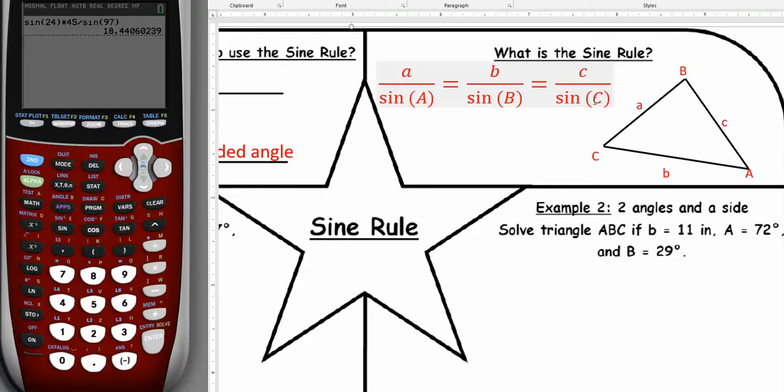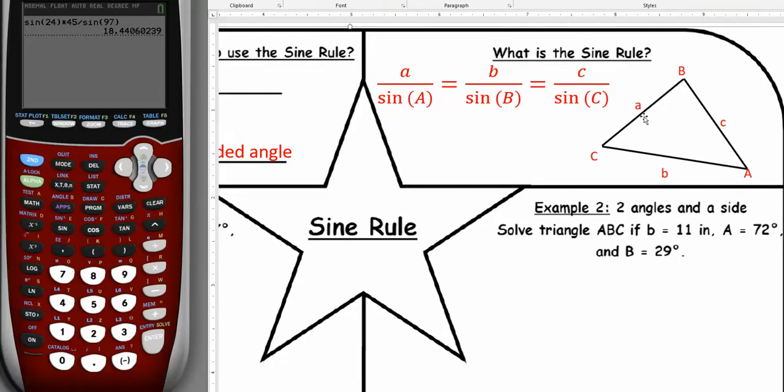That's vitally important because it cuts down on the amount of work that you have to do. If you put a little thought in ahead of time and say, okay, I'm looking for a missing side, put the sides on top. In the next video we'll put the angles on top and solve for missing angles.